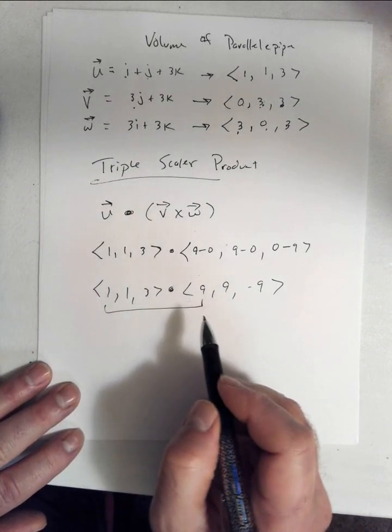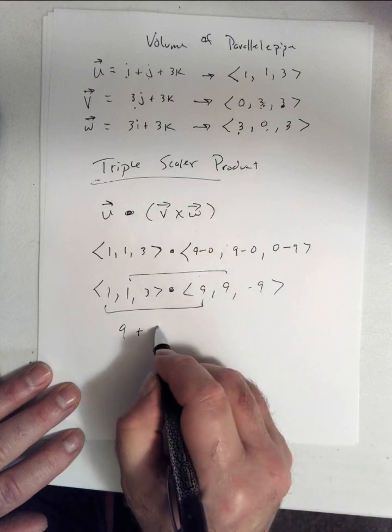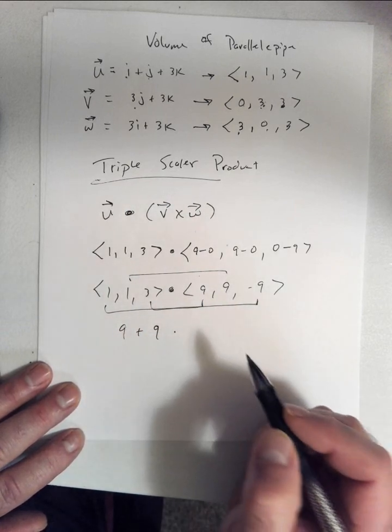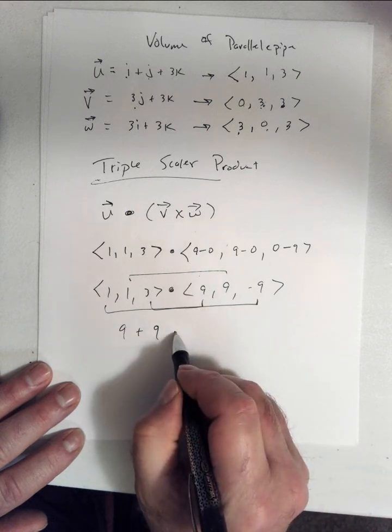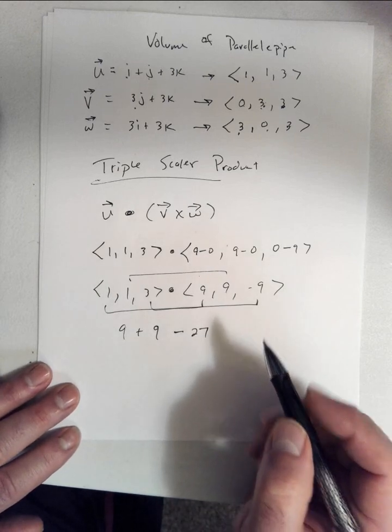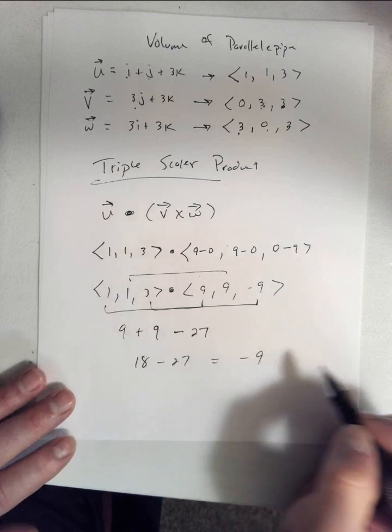So the dot product of the x's, plus the product of the y's, plus the product of the z's, which is minus 27. And so 18 minus 27 is negative 9.